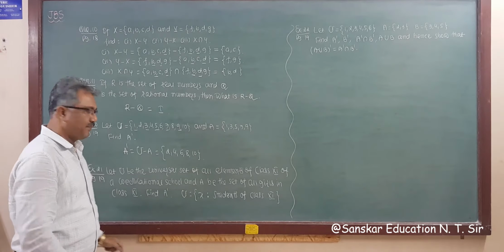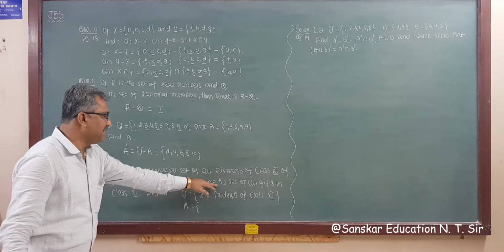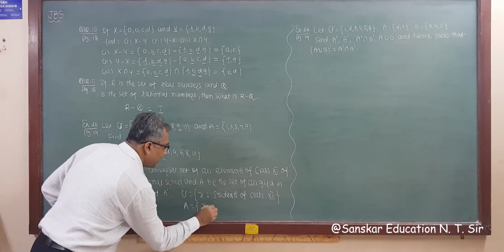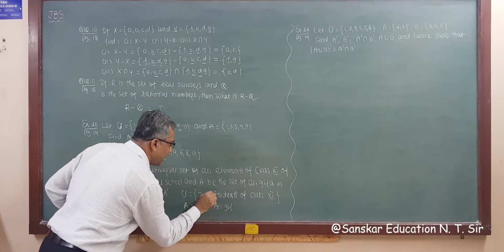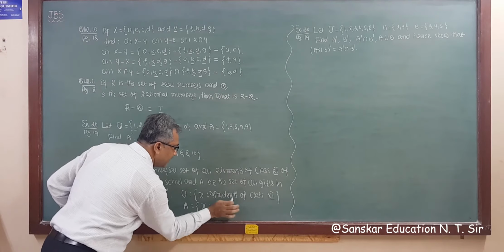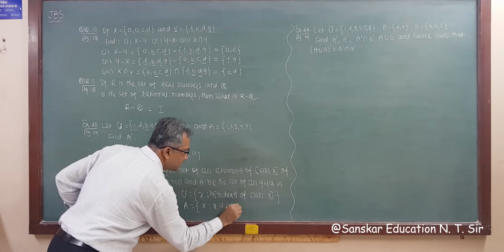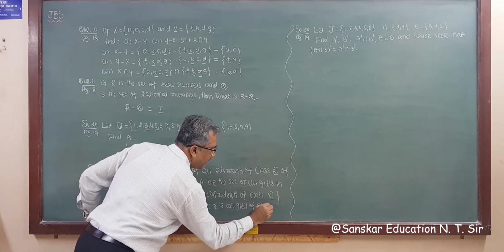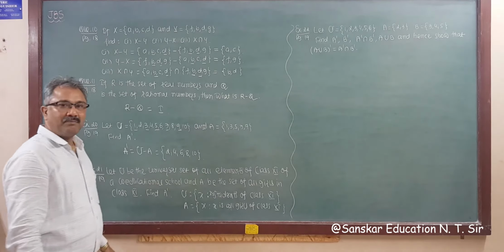This is U. And suppose set A is given, that A is the set of all girls in class 11. So {X, where X is all girls of class 11}.